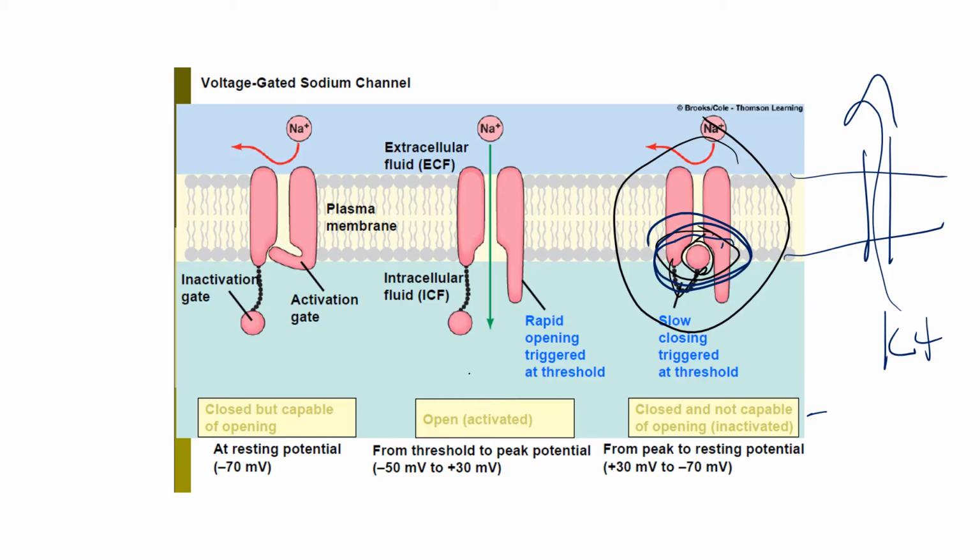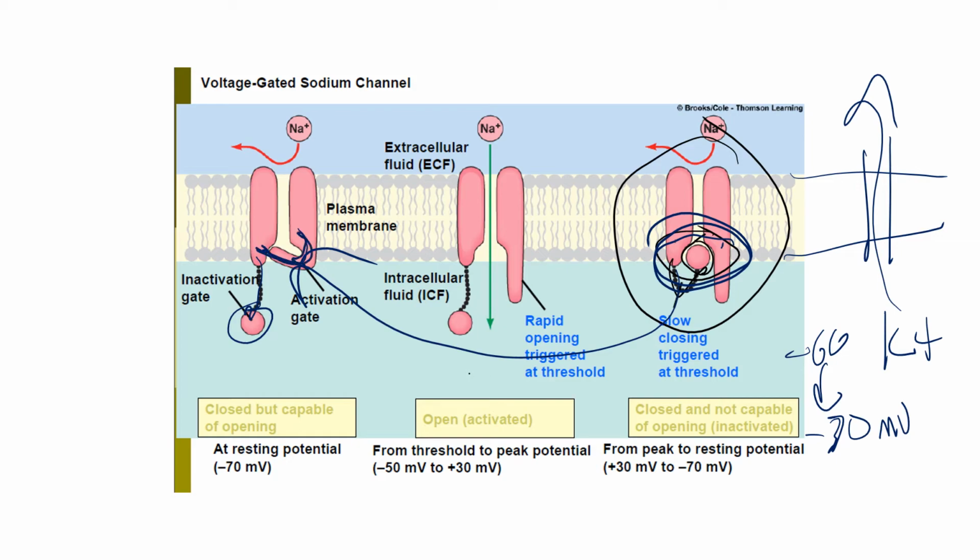But somewhere between negative 60 and negative 70 millivolts, the voltage-gated sodium channels reset. What that means is they go back to the original orientation. The inactivation gate pops open, and the activation gate shuts again.